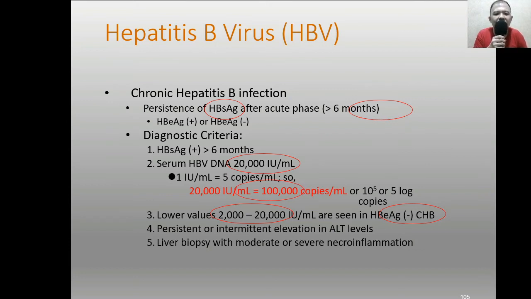So that's the first criteria, timeline more than 6 months. Then the DNA has risen to 20K IU per ml, or 100,000 copies per ml. If you have values between 2000 and 20K, less than 20K, that's seen as negative for HBE.